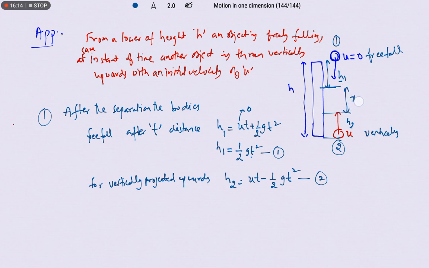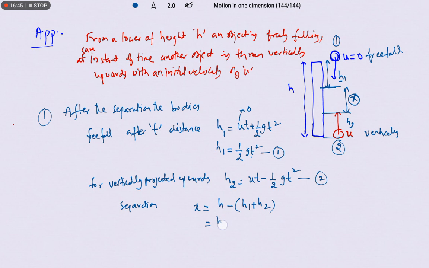That x, we can write, separation x equals h minus of h1 plus h2. If you observe the figure carefully, we can understand that this is the separation. To get the x value, we know the values of h1 and h2. With the help of that, we can write x as h minus (h1 plus h2).